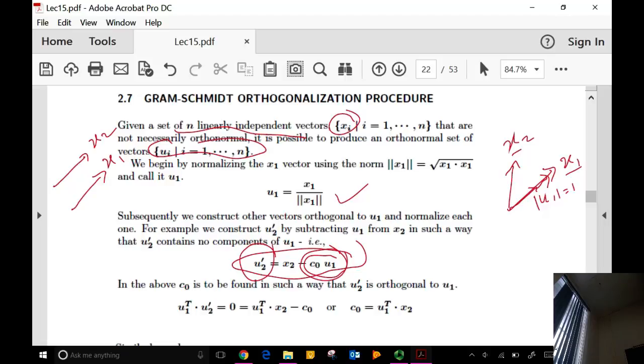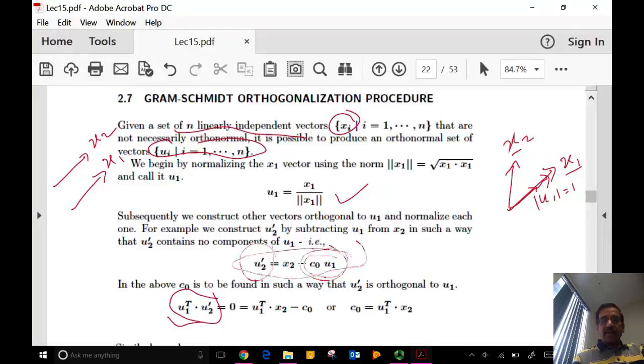I can, because I have one degree of freedom. What is the degree of freedom? C0. I don't know what C0 is. So I can solve for C0 by imposing that condition. U1 transpose dot U2 prime, the inner product of that should be equal to 0. That means I apply this to the right hand side too. I'm applying this to the left hand side of this equation that you see here. That is, I take that equation and multiply both sides by U1 transpose, term by term. Right?